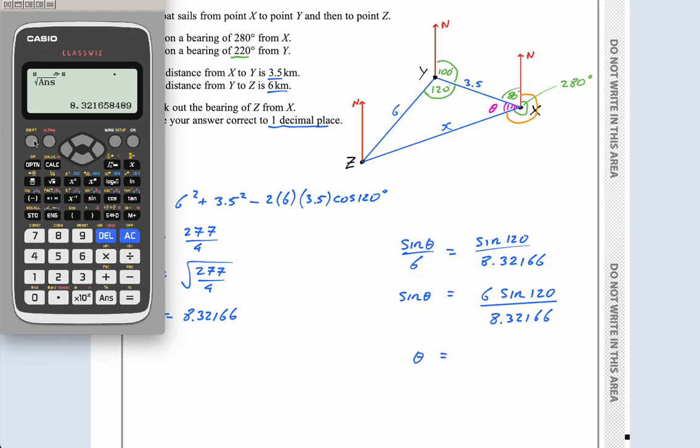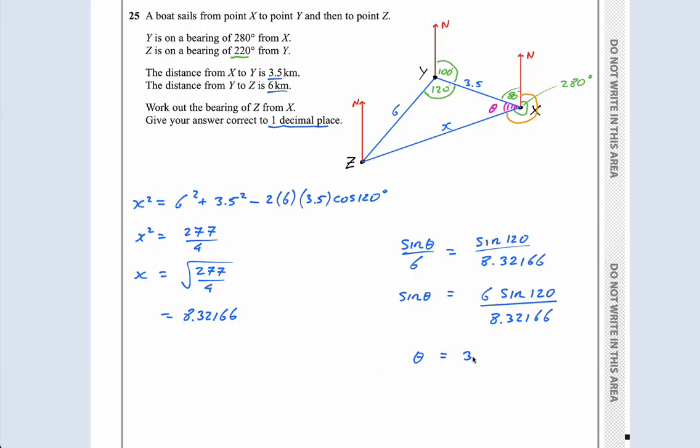So inverse sine of the fraction 6 times sine of 120 over 8.32166, close bracket, and I get 38.639.